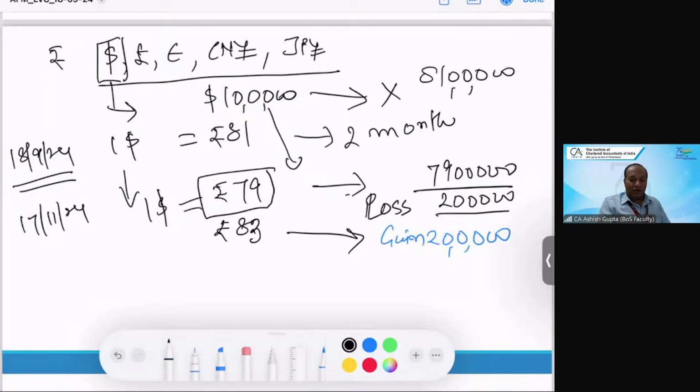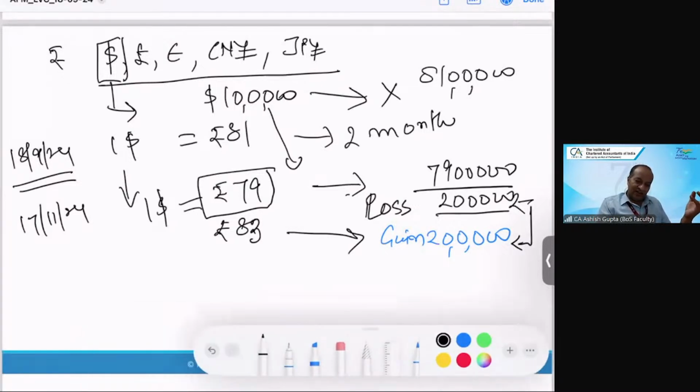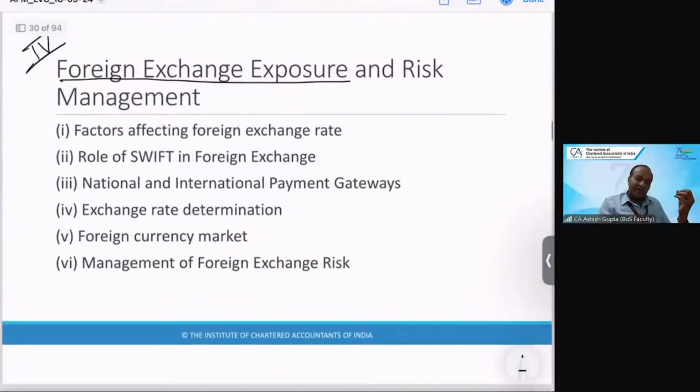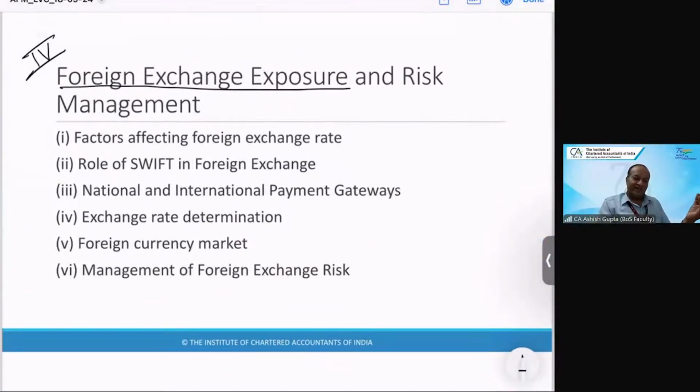So here it is a loss, and here it is a gain. So there is a variation in this receipt, and this variation is called the foreign exchange exposure or risk. Then how we manage it is covered here.